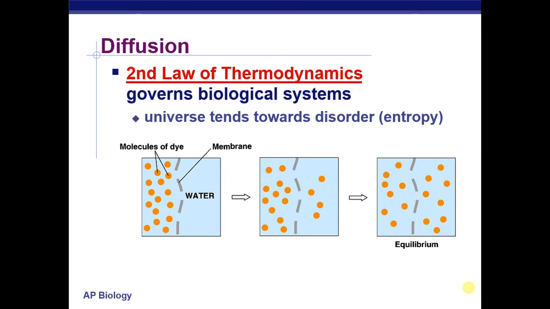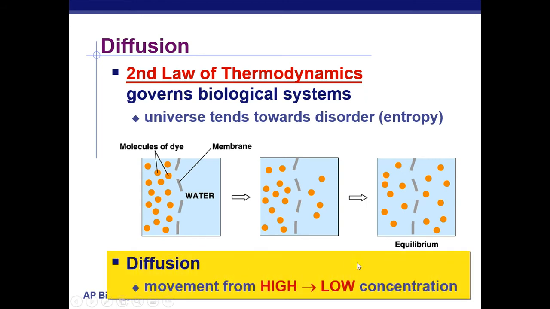So what that means is that if I start out with a bunch of molecules of dye on the inside of the plasma membrane, and they are able to freely cross the plasma membrane. Let's say that they're small nonpolar molecules. That because of the collisions that they have randomly moving around, they will tend to space out and eventually become equally concentrated on both sides.